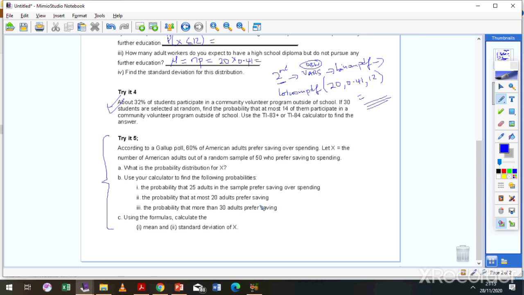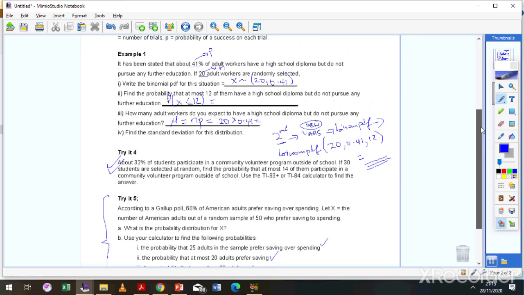The only thing about this one that might be difficult, because you can do this using a calculator, so I confused you here.